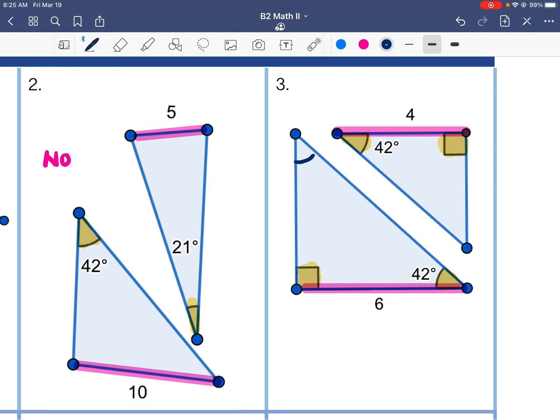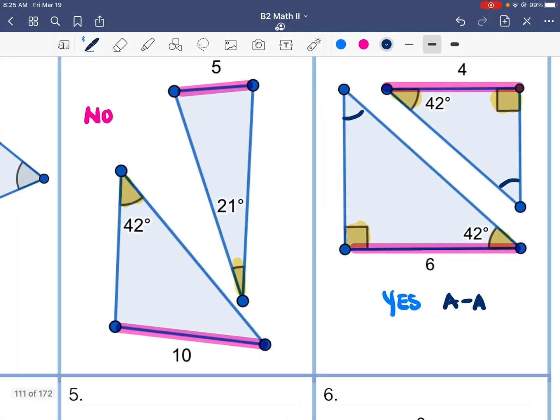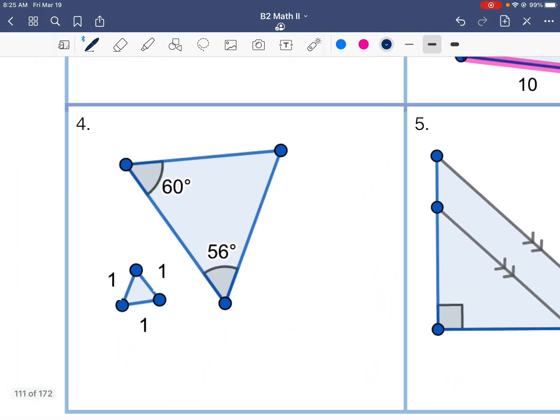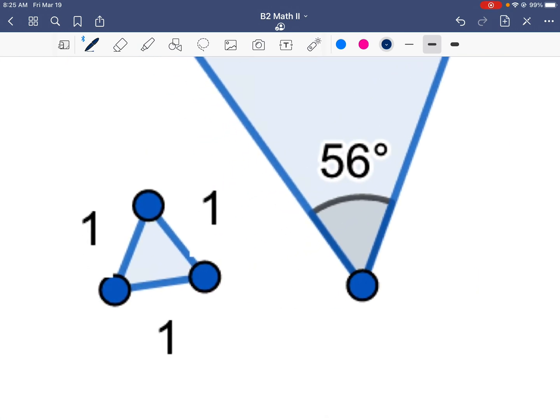We have 42 and 90 and 42 and 90, and therefore we know that this last angle in both of these triangles has to be the same, and so this one is going to be a yes, they are similar, using angle. That's going to be my abbreviation for angle.